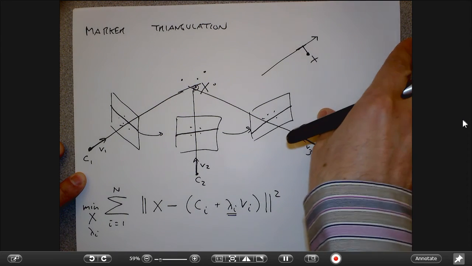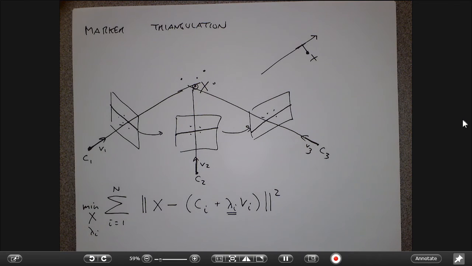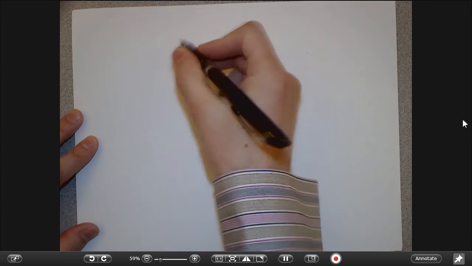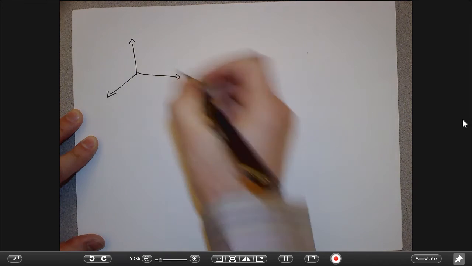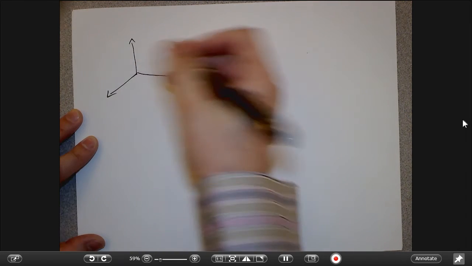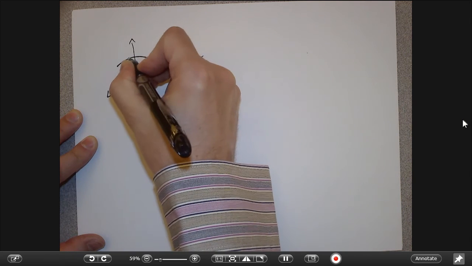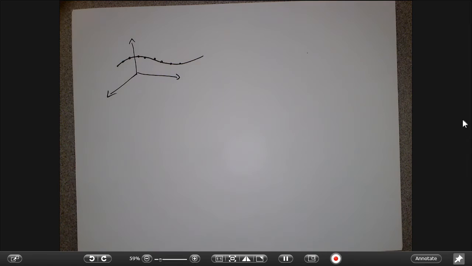And so ultimately, you may still have some dropouts or some noise. What you end up with in 3D, and I'll show you a little video of this in a second, is a marker trajectory, right? You can imagine that you see this moving path of markers over time.